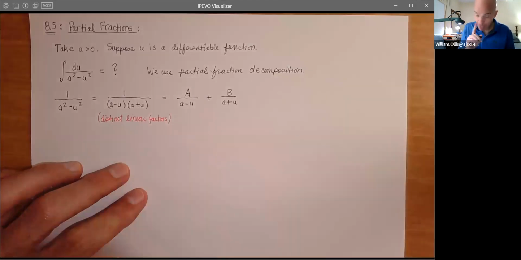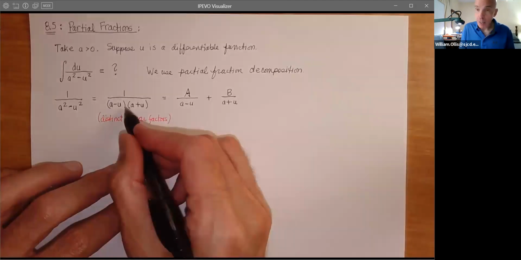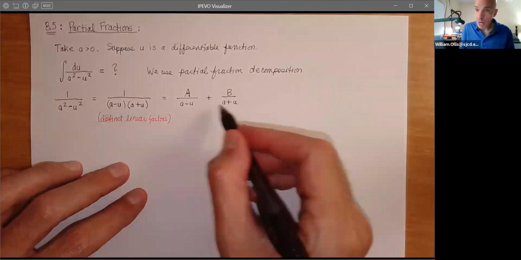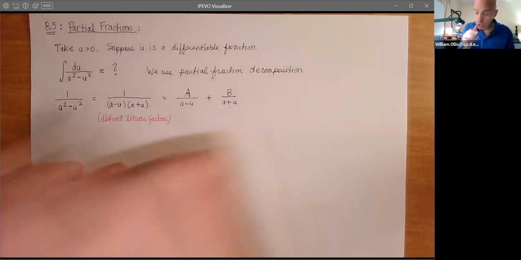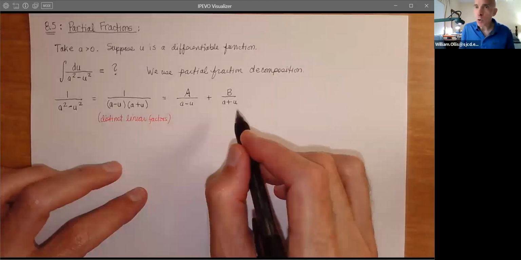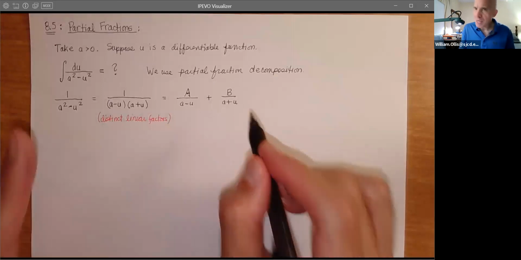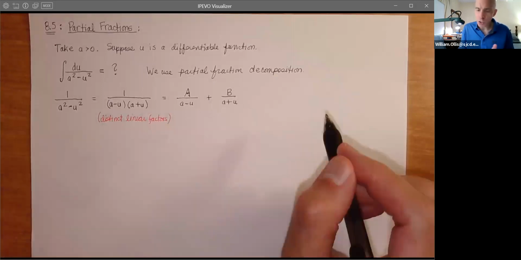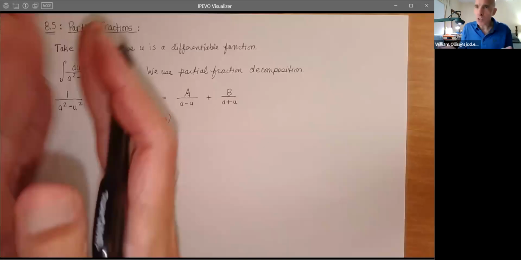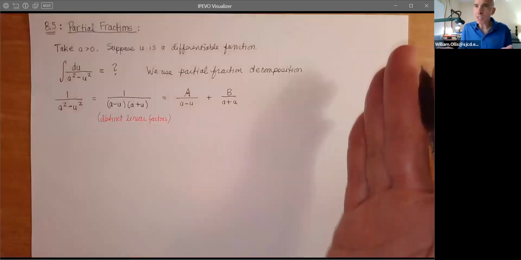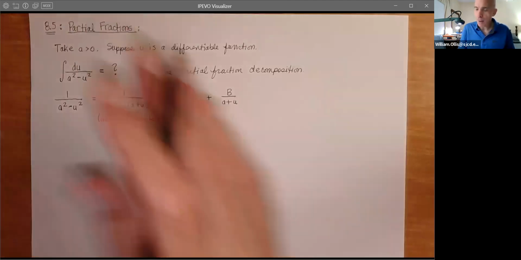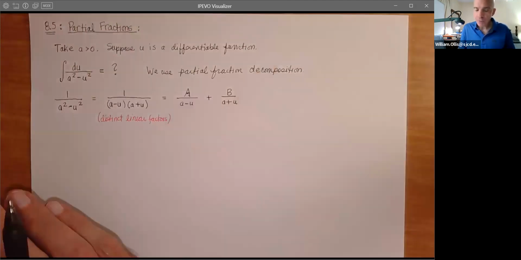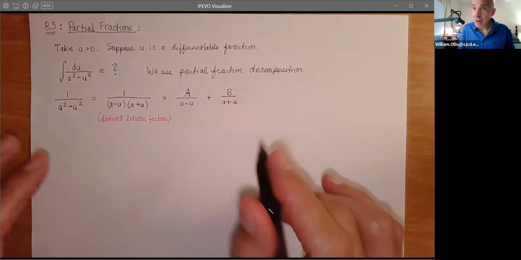And then, of course, if we have a repeated linear factor, then we just have the repeated linear factors of that power, say, squared, and A, B. So you do things that you would normally do, but you don't think about this because you don't usually think about undoing a fraction. You're always interested in putting 2 fractions together. So this is going in the opposite direction. Now, the key here is the algebra.